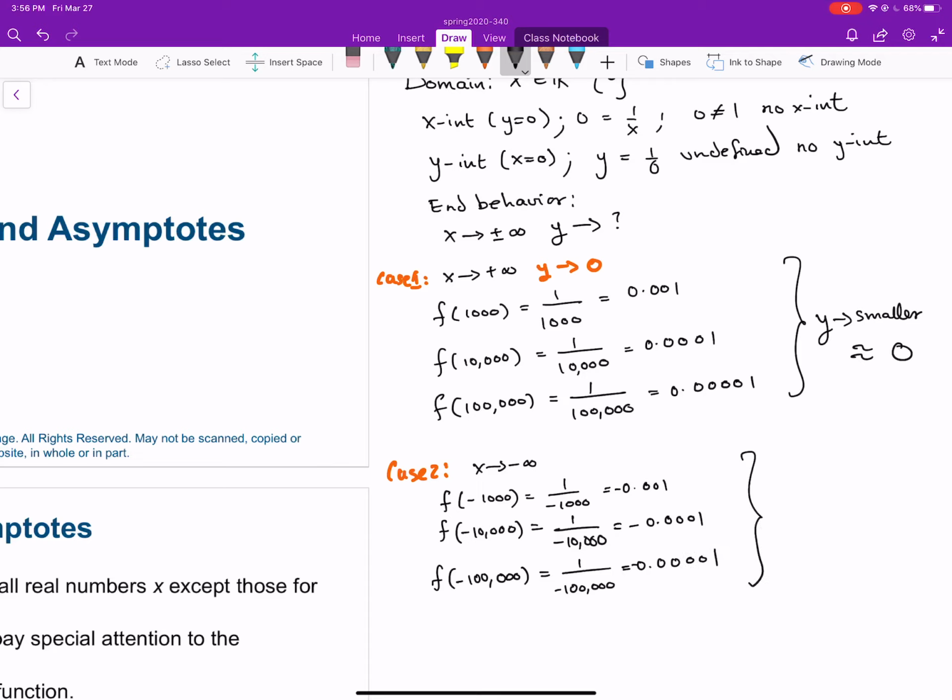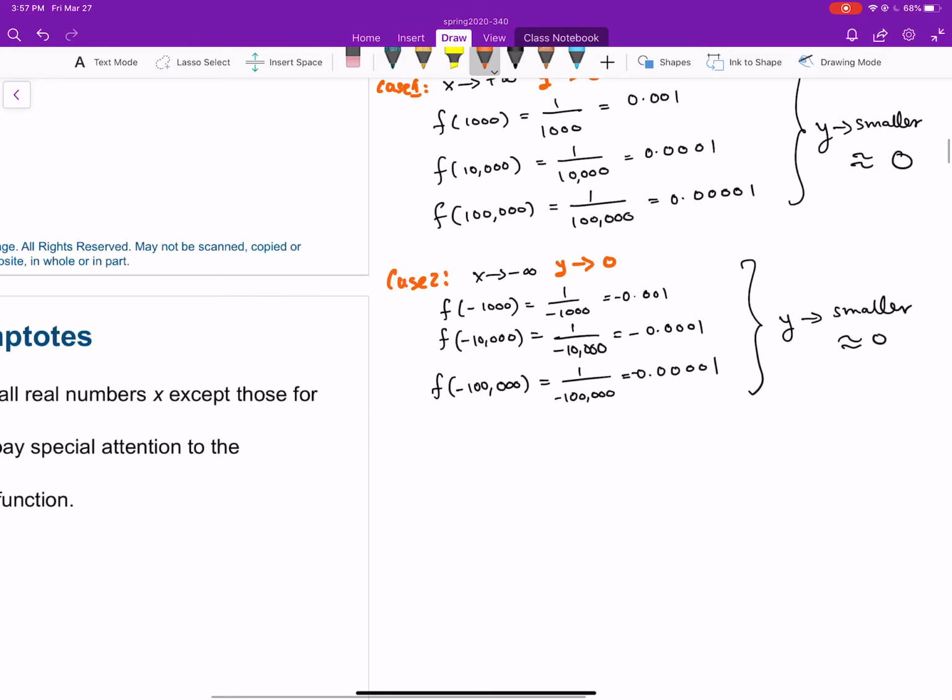You can see again that y is getting smaller, approaching 0. So again, we can answer this question now: as x goes to negative infinity, y is approaching 0. From a graphical perspective, I hope this makes sense to you.